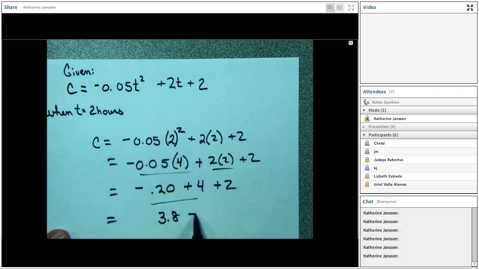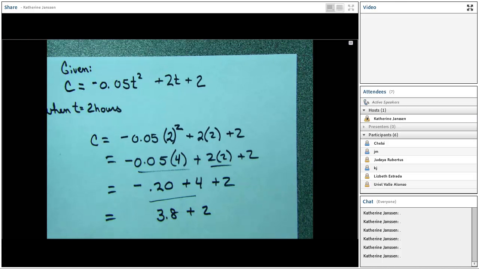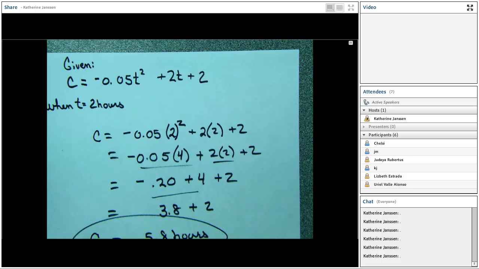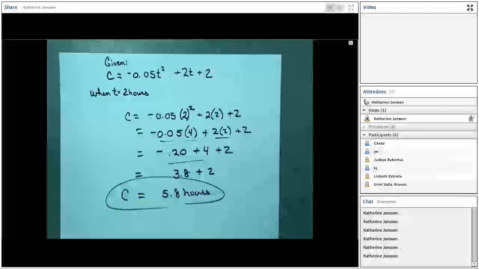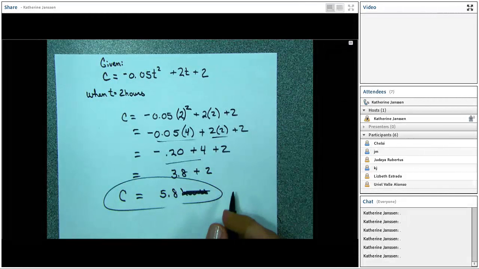4 plus a negative 0.2 is 3.8, right? 3.8. And then adding, our concentration is equal to 5.8. What's the unit?